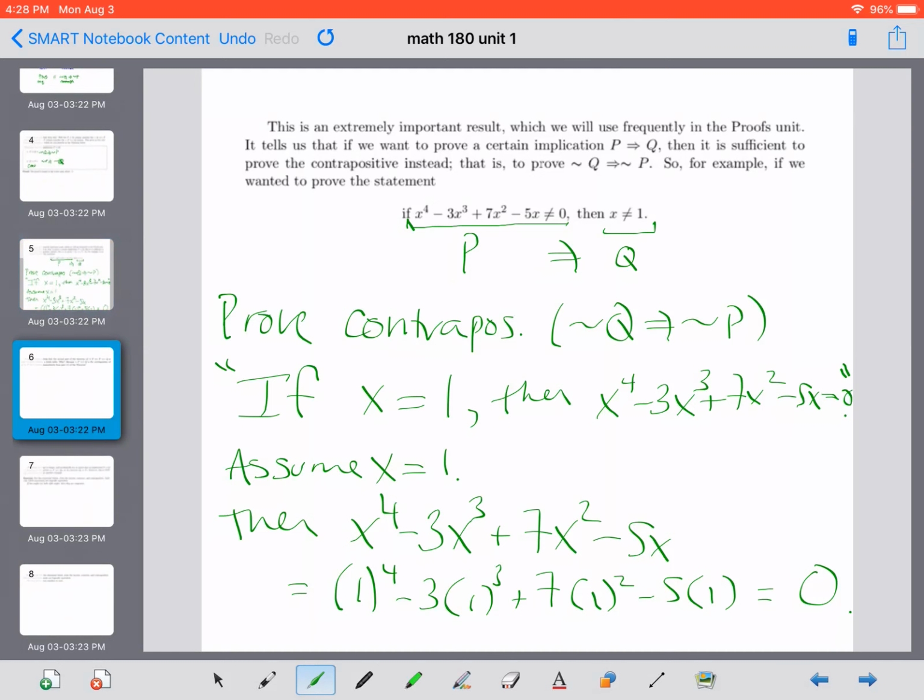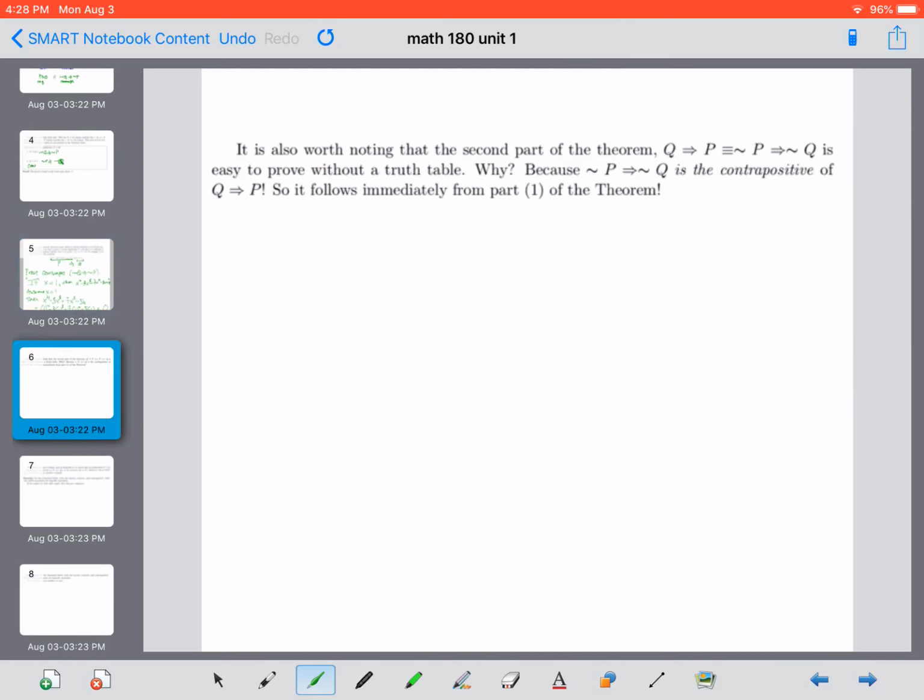Another thing to note, we didn't really need to do the truth table to show that Q implies P, the converse, is logically equivalent to not P implies not Q. This is the inverse.